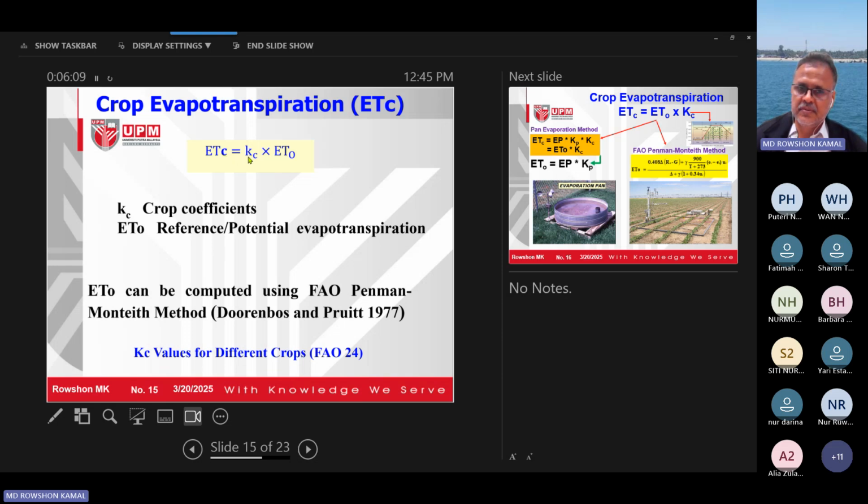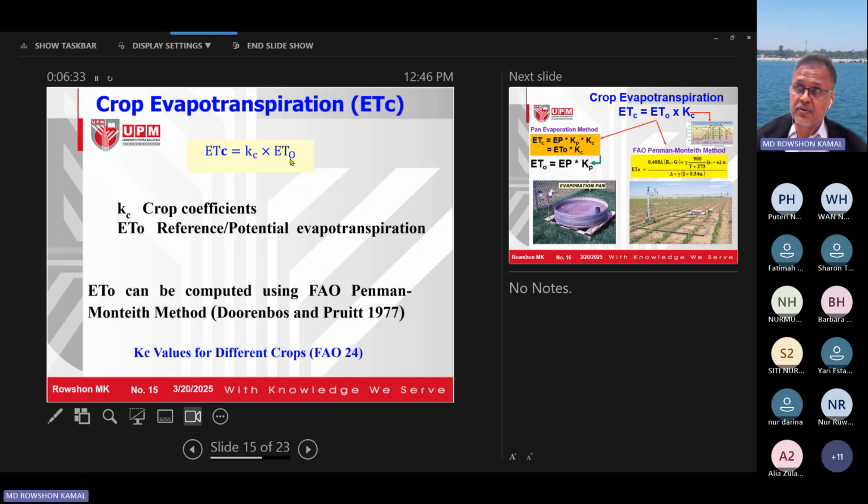It is equal to Kc multiplied by ETo. Kc is the crop coefficient. Kc is the factor because when the crop grows bigger and bigger, the crop water demand increases. So that factor is determined by Kc, the crop coefficient, and ETo comes from the climate or weather station.